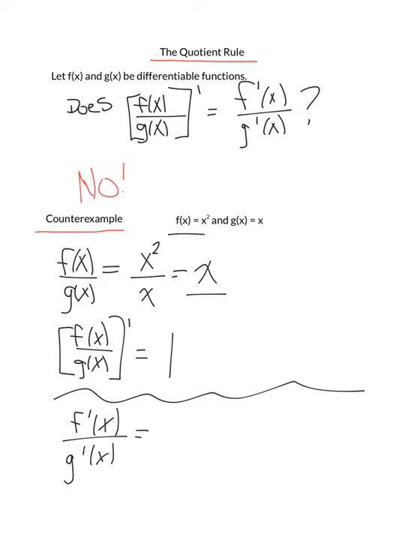So my derivative of f of x is 2x, and my derivative of g of x is 1, and so this is 2x. So right away I could see that the derivative of f of x over g of x is equal to 1, and the derivative of f of x divided by the derivative of g of x is 2x. So right away I know that these two things are not equal, and I have officially disproved this.